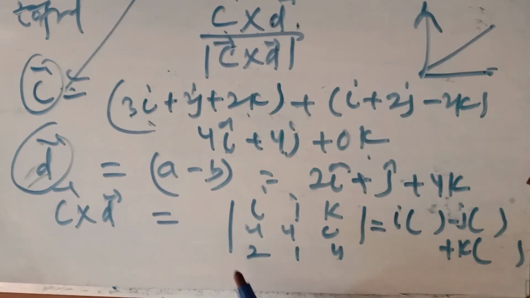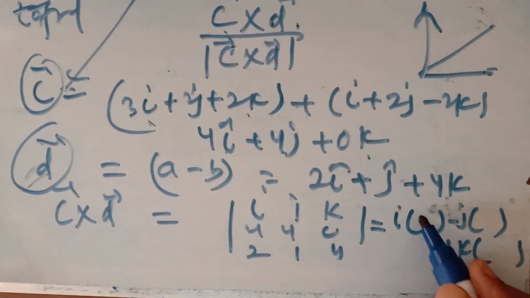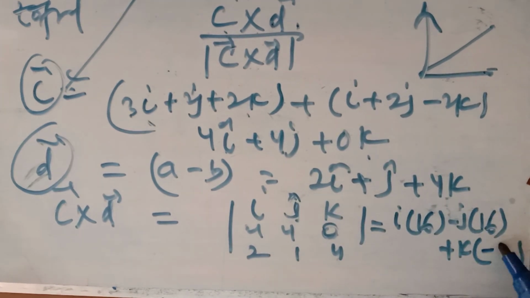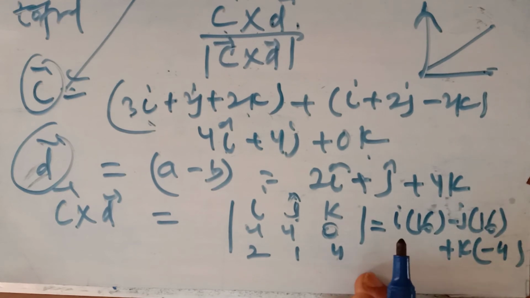The i component comes to 16 minus 0, that is 16. The second element of the first row, 16 minus 0, is again 16. The k component is 4 minus 8, that is minus 4. This is the vector C cross D.